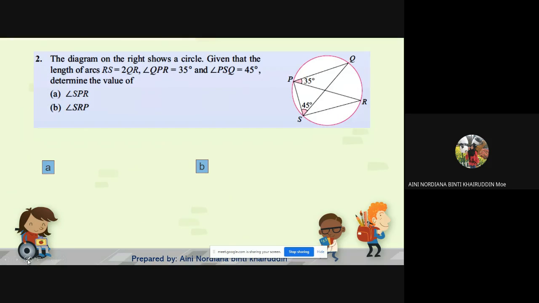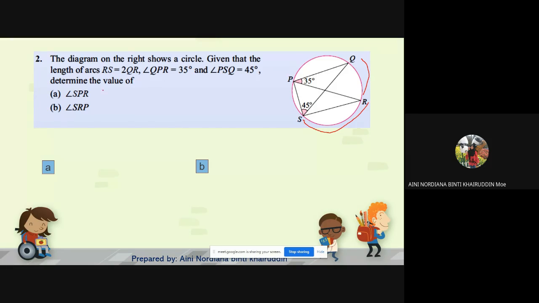Next, question number 2. Given that the length of arc RS is 2QR. RS, this is RS, 2QR. So here SR is 2 times QR. Given also angle QPR 35 here and angle PSQ equals 45 here.